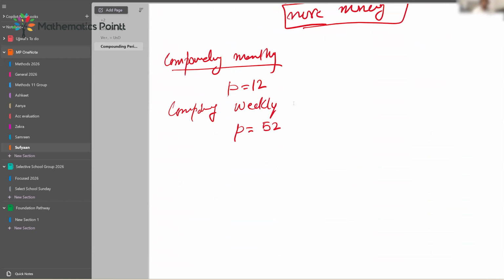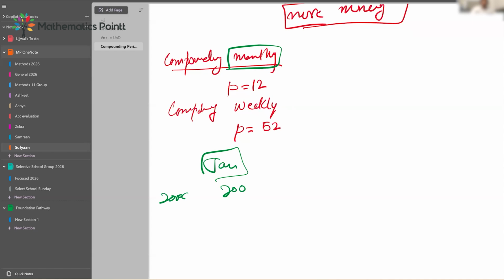In the world of compound interest, you always get the interest on the previous balance. So if I am doing monthly application of the principal, if it's compounding monthly, let's say in January you started with $2,000 at the start.